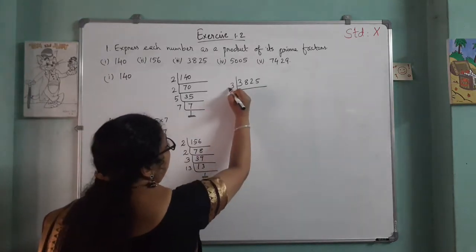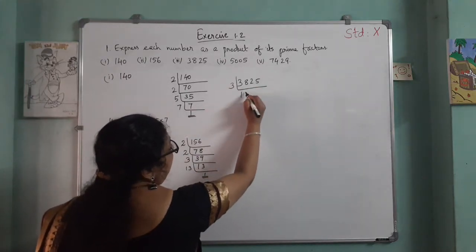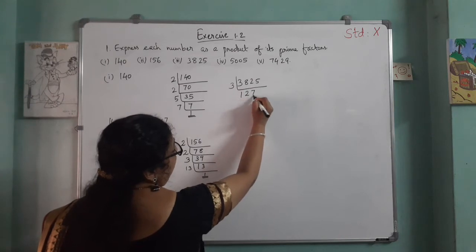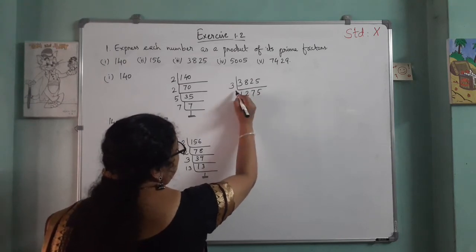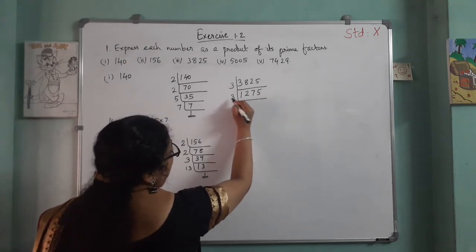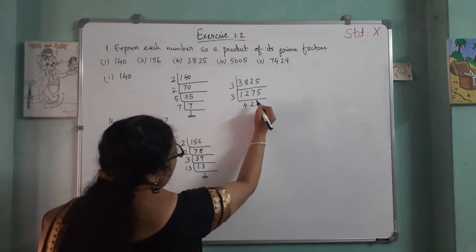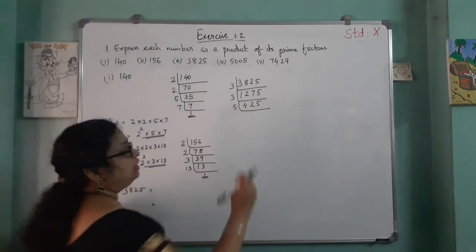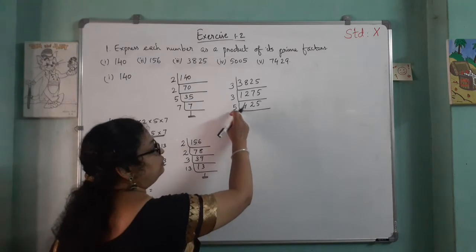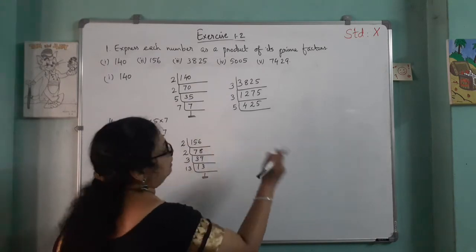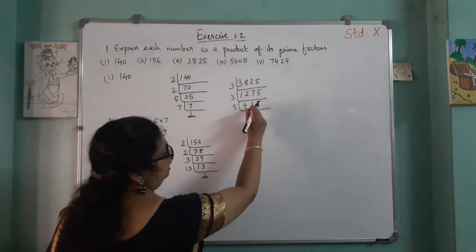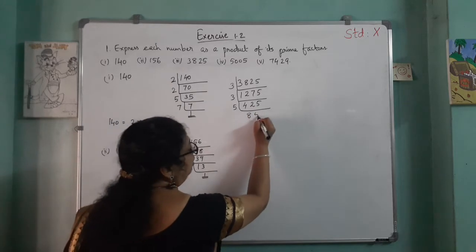So 3 here. Then 1 times 3, 8, 2 times, then 22, 7 times, then 15, 5 times. Again with 3, 4 times, then 2 times, 5 times, that is 1275 divided by 3 is 425. Then 3 is not a factor, so we take 5, the next prime number, 8 times 40, then 2, remainder 25, 5 times.